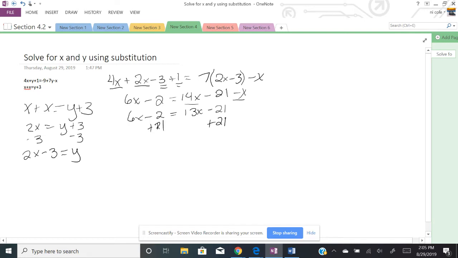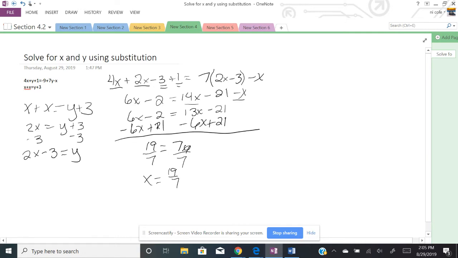Add 21 and subtract 6x. So that gives me 19 is equal to 7x. Did I make a mistake somewhere? Maybe not. Divide by 7. I know that x is equal to 19 sevenths.